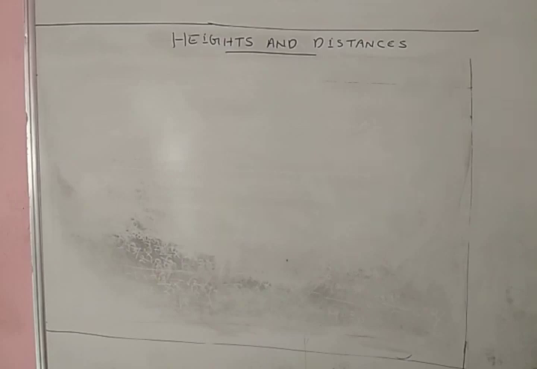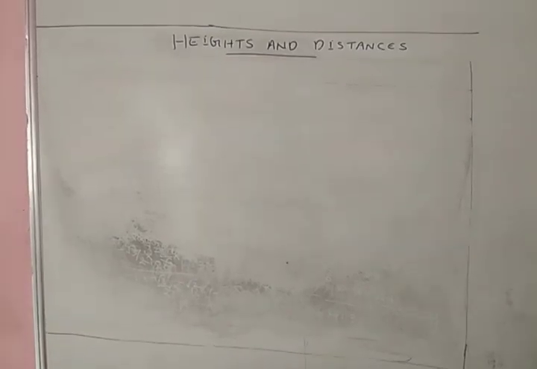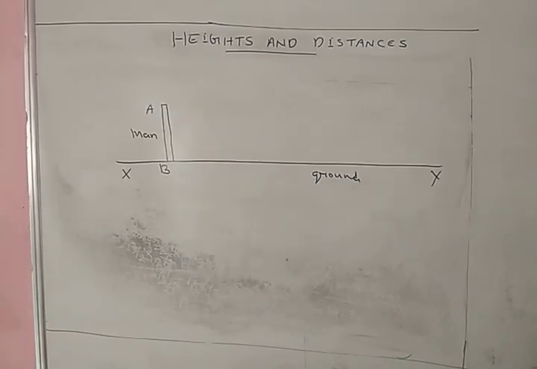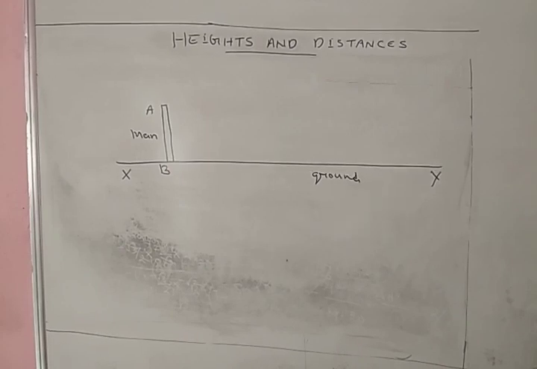In order to solve the problems, we must know concepts like line of sight, angle of elevation and angle of depression. Here XY is a level ground and AB is a man standing on that level ground. Suppose the man AB walks along the ground. His normal vision is straight.